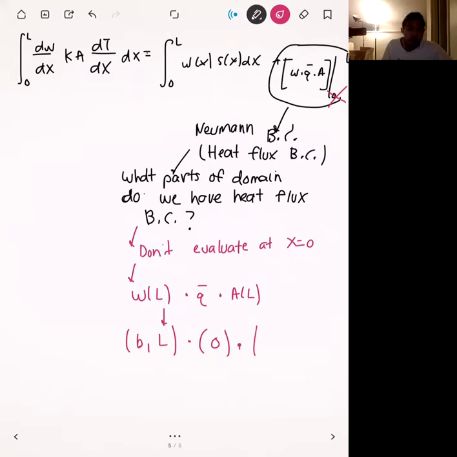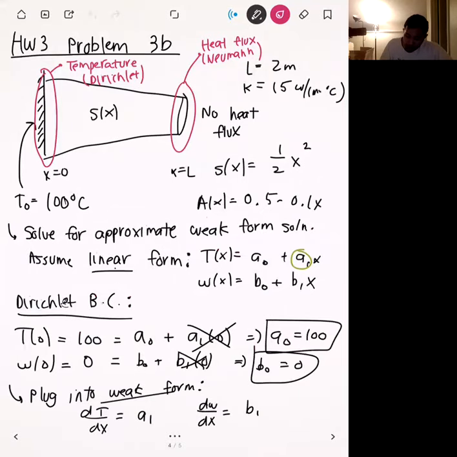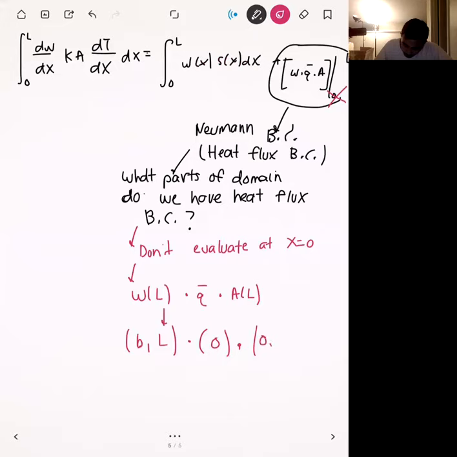Then we have area evaluated at L, which is our area function 0.5 minus 0.1x, so we have 0.5 minus 0.1 times L. From here, for a lot of cases, you would normally have something you'd have to evaluate.